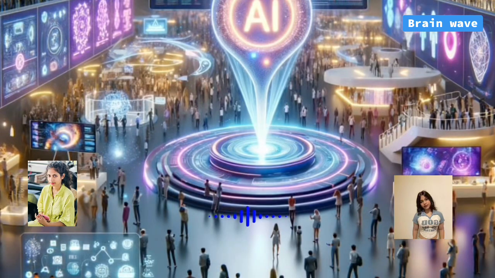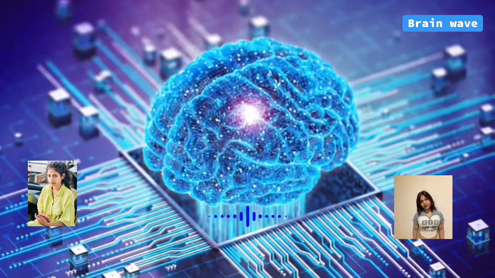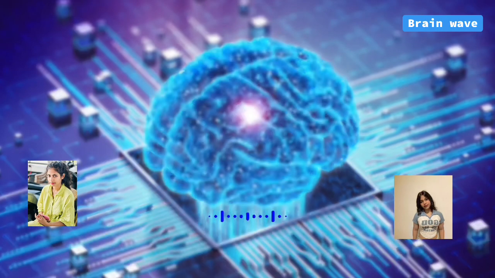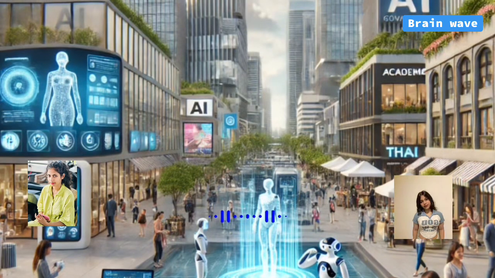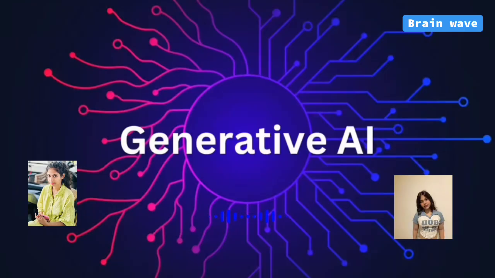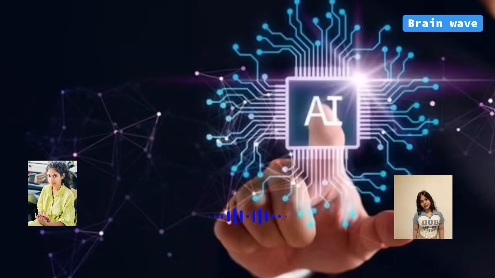Yeah, and soft skills like creativity, empathy, and decision making are more important than ever. Think of it as a co-pilot. AI handles repetitive or data-heavy tasks. Humans focus on strategy and creativity.